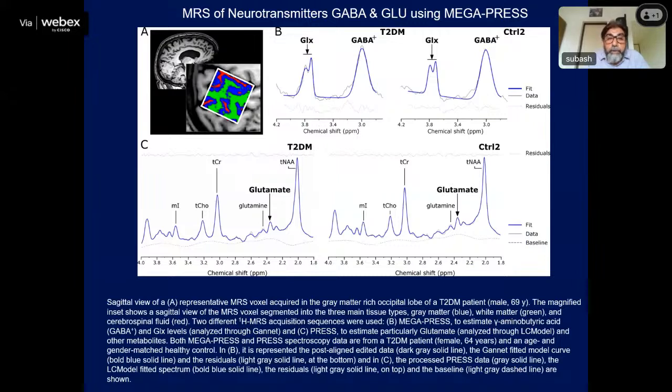You can quantify all these neurotransmitters, which are at much lower concentrations, so they are not visualized on normal PRESS and conventional spectroscopy sequences. You need more complicated techniques like MEGA-PRESS and spectral editing to compute the concentration of these neurotransmitters in the brain, and they are very helpful in studying brain functions as well as brain disorders.